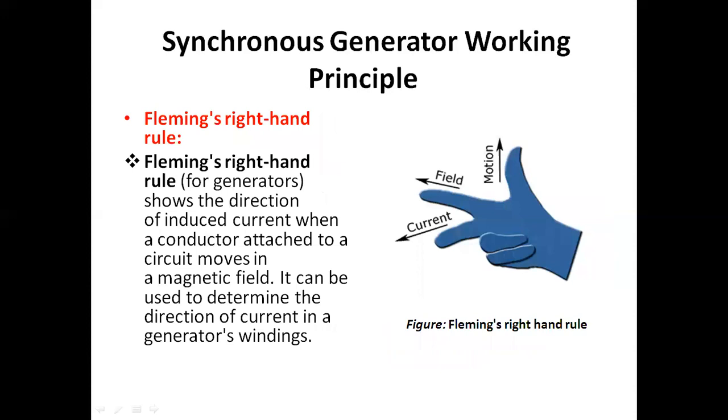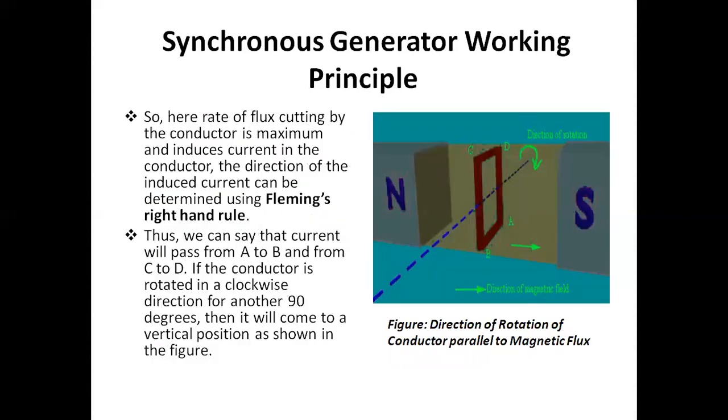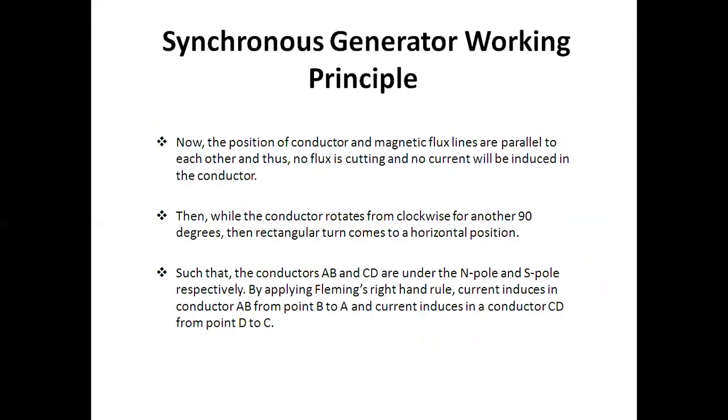But after a 90-degree rotation, it will come into the vertical position, and after another 90-degree rotation, it will come into the horizontal position, where AB and CD now come under the north pole and the south pole respectively.